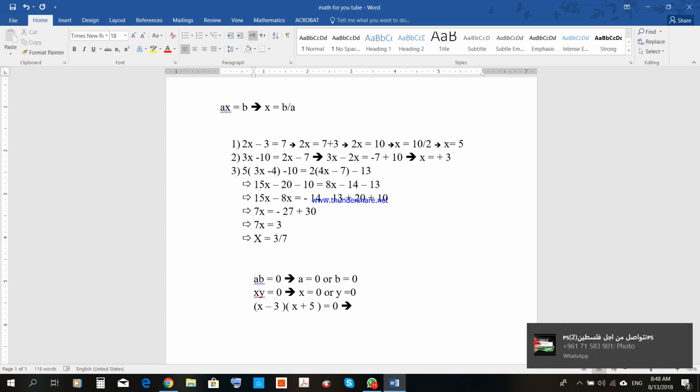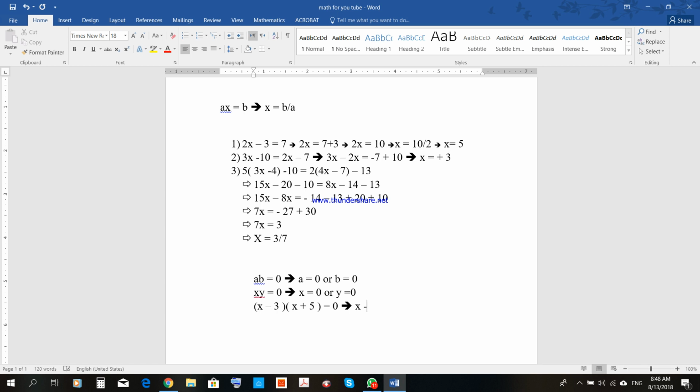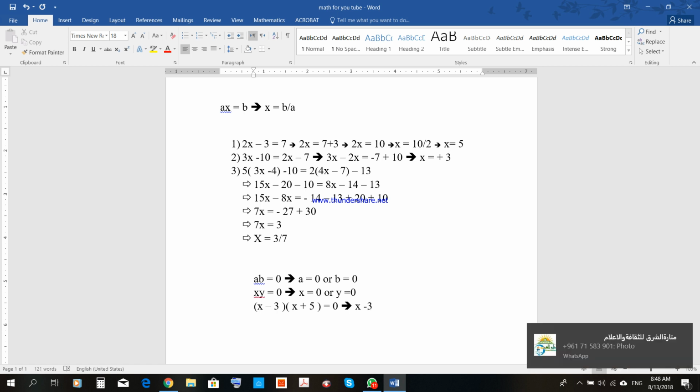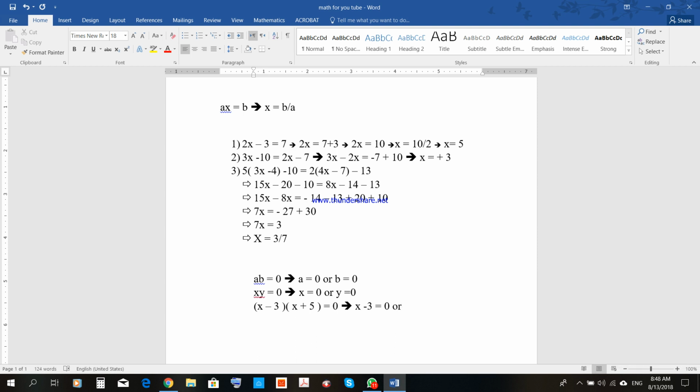This implies that the first parenthesis x minus 3 equal to 0 we put, or x plus 5 equal to 0. Don't forget to put "or" between the two parentheses. If you don't put the word "or", it will be wrong. And be careful here in the equations, don't put "and".